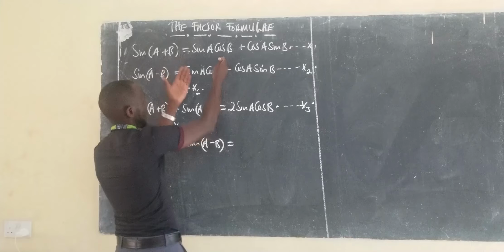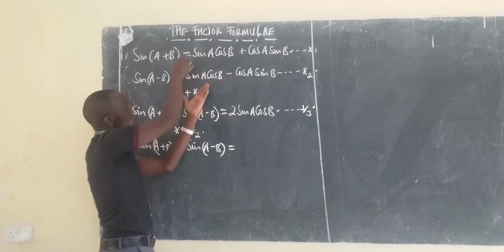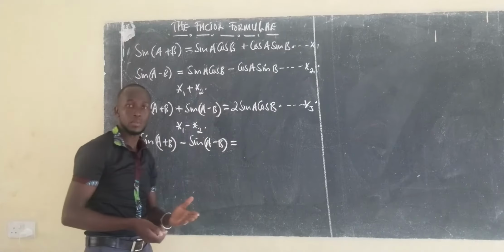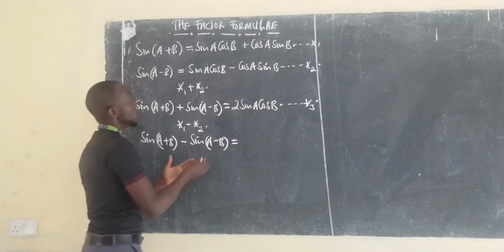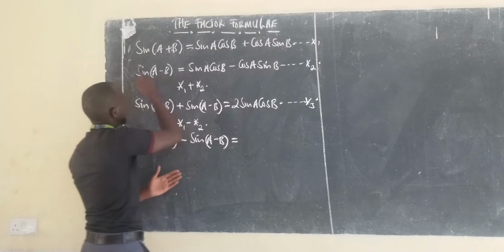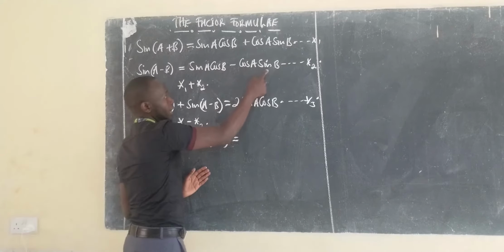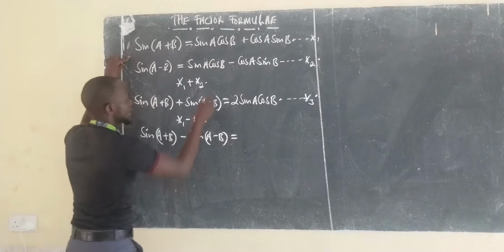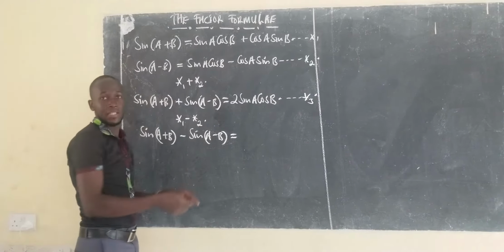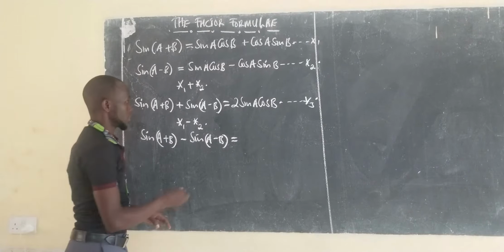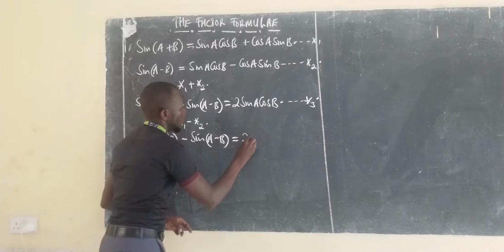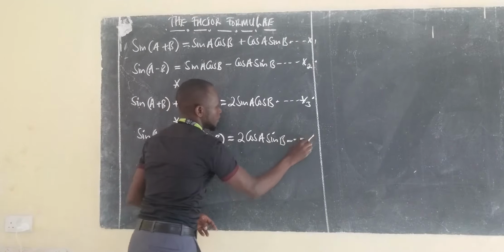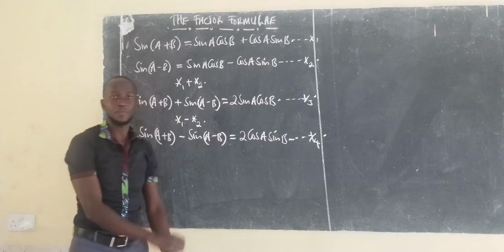It is sine A cos B minus sine A cos B, which is the same, so this will cancel out. You remain with cos A sine B minus a negative cos A sine B; the negative cancels with the negative to form a positive. So we shall have 2 cos of A sine of B. Call that equation 4.